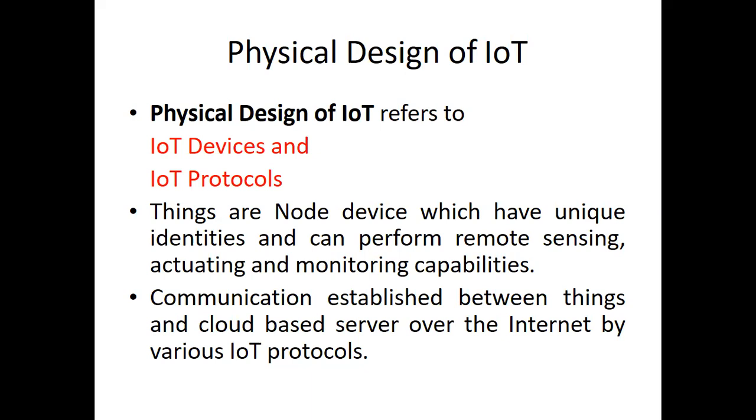Each thing, each object, or every node has a unique ID. And communication is established between the things and the cloud-based server over the internet by various IoT protocols. So there are devices, and devices are connected to each other as well as to the cloud with the help of the internet and using different IoT protocols.